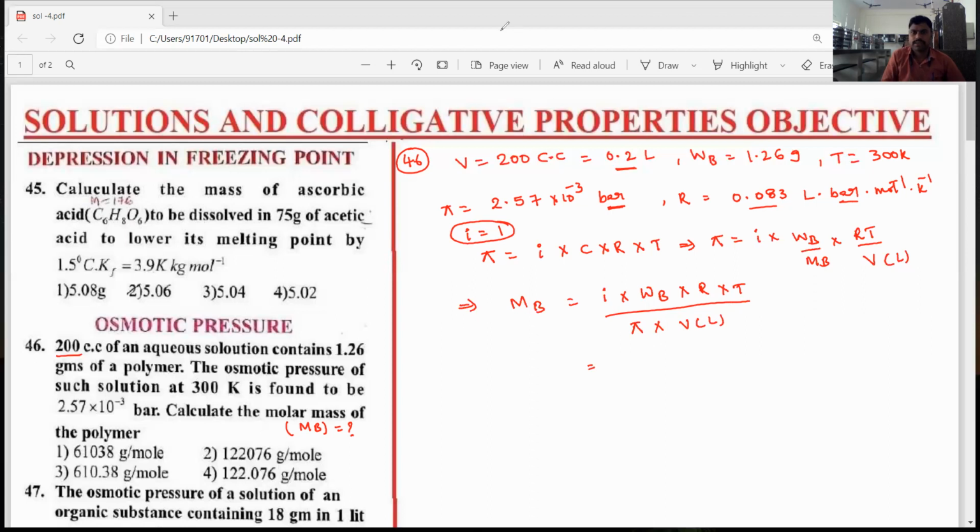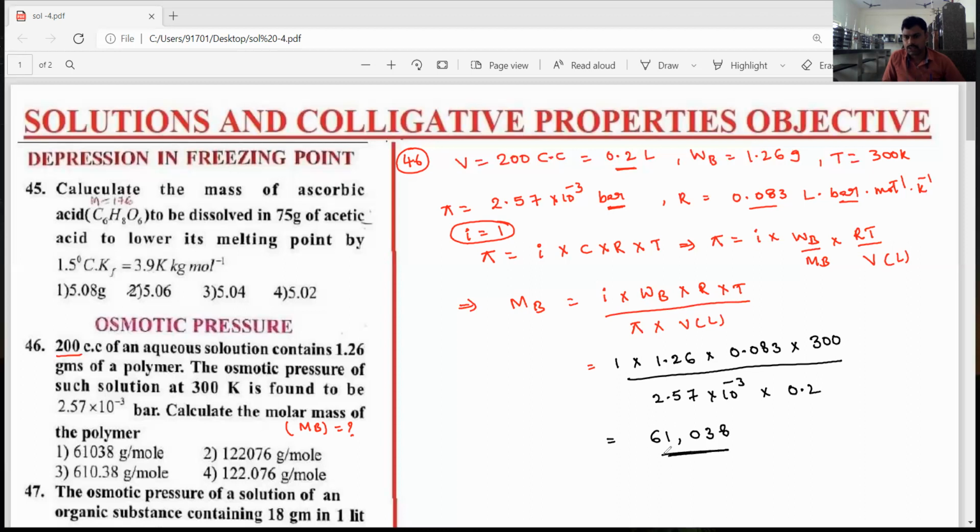Just substitute the given data: the i value is 1, mass of polymer is 1.26, R value is 0.083, and the temperature is 300 Kelvin, divided by pi value 2.57 into 10 to the power of minus 3, and the volume is 0.2 liters. On simplification we get approximately 61,038 gram per mole. So the first option is correct, dear students.